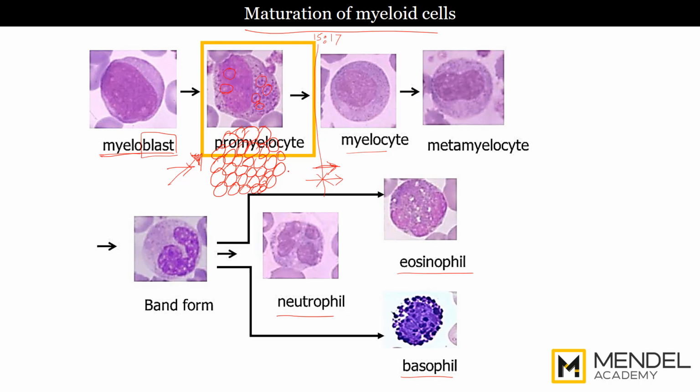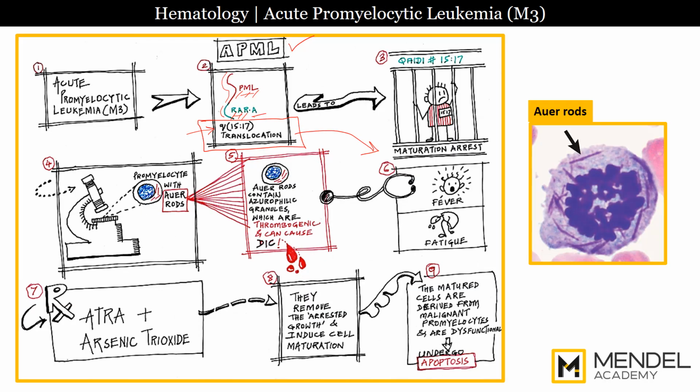It happens not because of excessive production, but because of maturation arrest, due to which there is a piling up of promyelocytes. This is very important for you to understand when you study the pathophysiology of this disease.